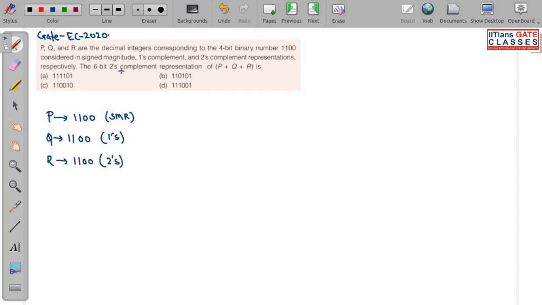The 6-bit 2's complement representation of P plus Q plus R is... So they want to know the 6-bit 2's complement representation of P plus Q plus R.